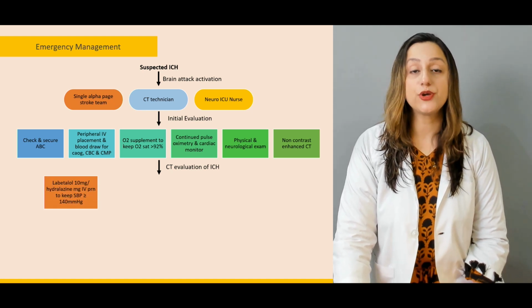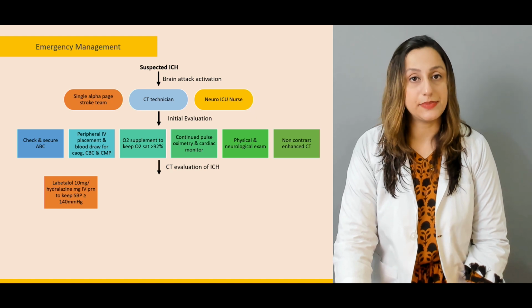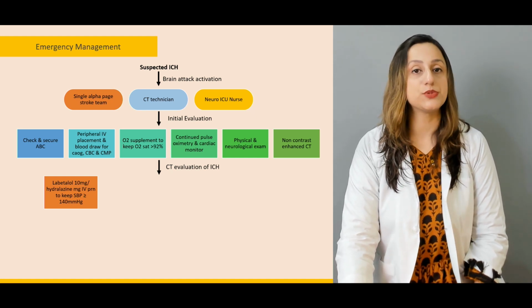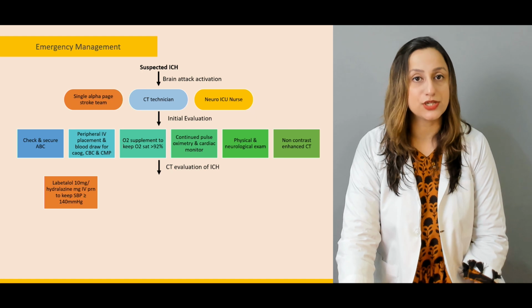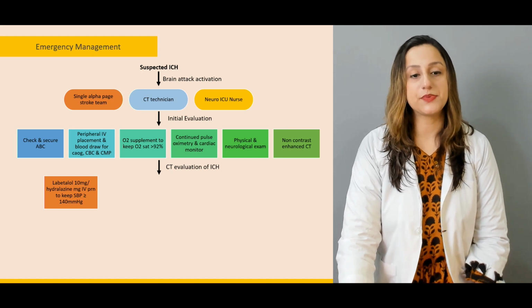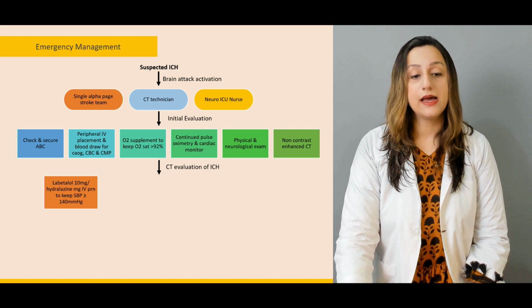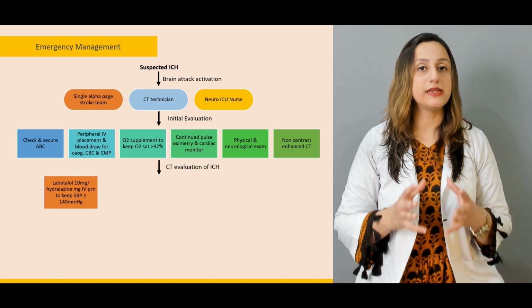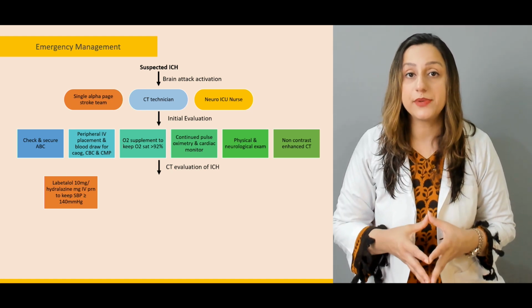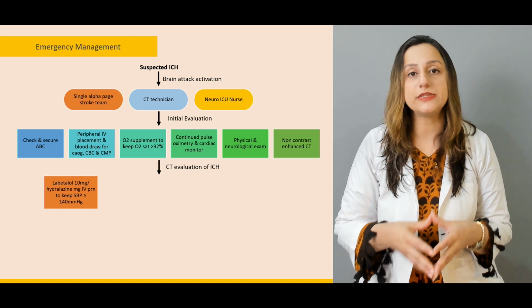After that, you're going to start off with the drug therapy, specifically the non-vasodilating drugs, for instance labetalol, 10 milligrams, usually given IV to keep the systolic blood pressure more than 140 millimeters of mercury.